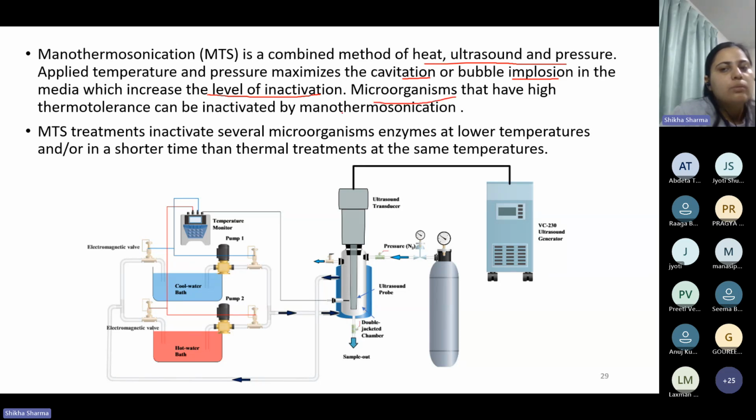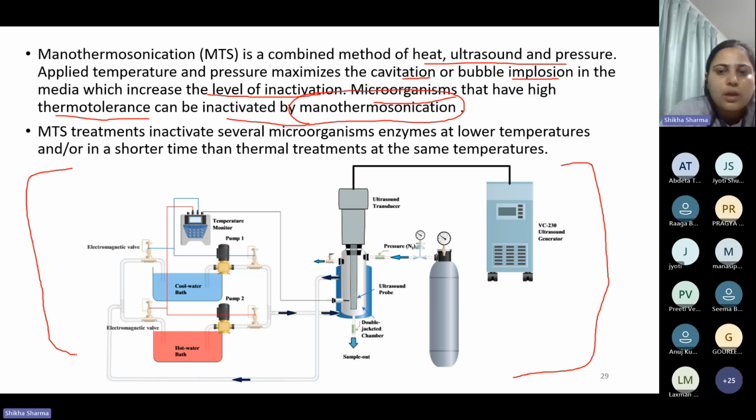So microorganisms that have high thermotolerance can be inactivated by manothermosonication, because here we are applying three treatments together. This type of system is used on the pilot scale or lab scale for thermosonication. Here in this double jacketed chamber, the sample will be there.